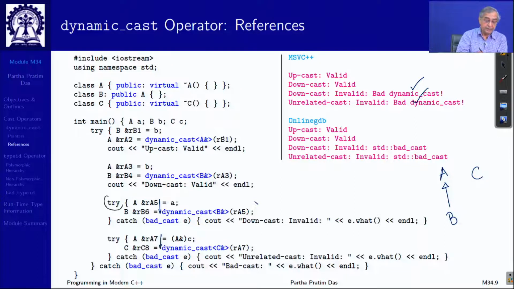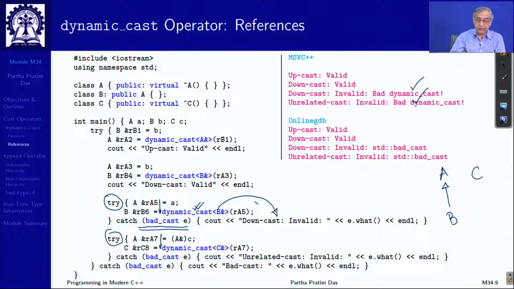That is in terms of the try catch block, that you put the code within the try catch pair of curly braces, and if this particular operator has some error that it cannot continue and give me a reference, then it will throw an exception known as bad cast, which is caught by this mechanism. So, this is the exception mechanism. We will talk in detail about it, but that is how the flow is working here.